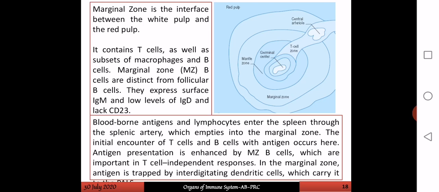But these B cells are slightly different from the follicular B cells in the spleen. This marginal zone is the first site where foreign material will be checked by the immune system, or by these immune cells like T cells and B cells.